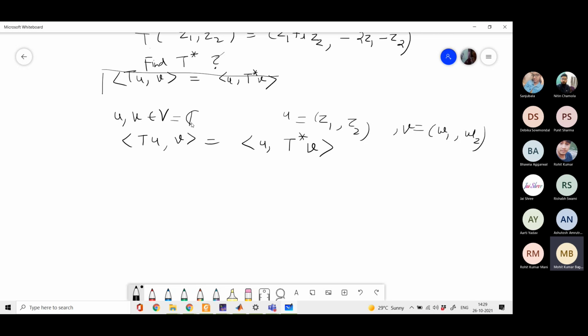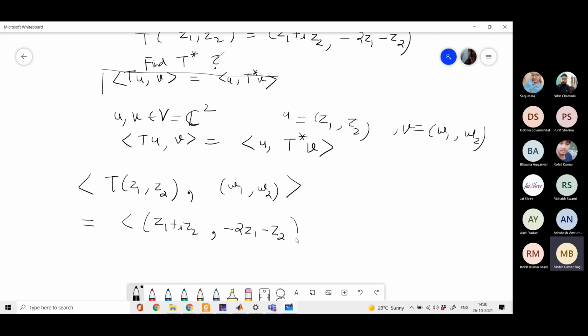Here it is the complex field. So according to this definition, you can write the inner product of (z1 plus i z2, minus 2 z1 minus z2) and (w1, w2).